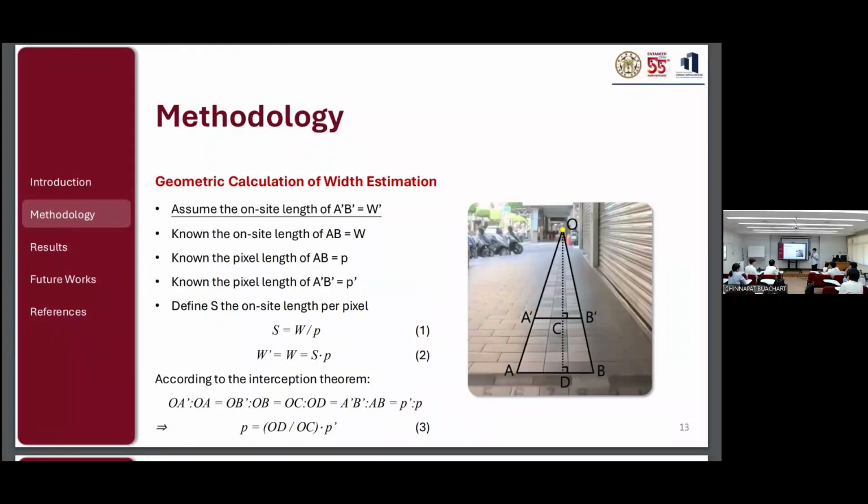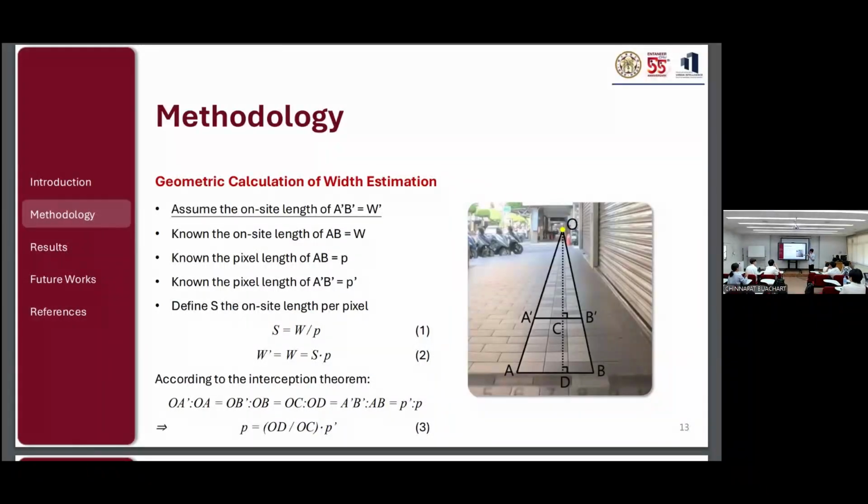In a computer, you can get the position of every pixel in an image. But what we don't know is the real length of A prime B prime, which is the line that we want to measure. Let's assume A prime B prime equals W prime.